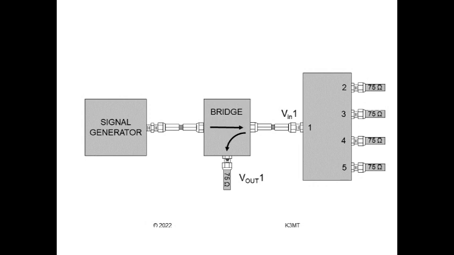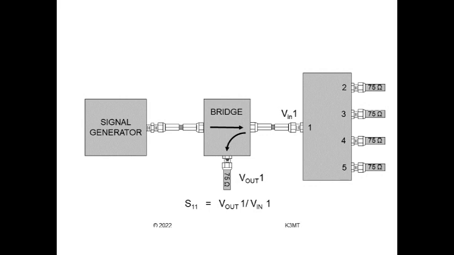You may have done these measurements using a vector network analyzer. It requires calibration of the bridge, with 3 separate measurements: open circuit, short circuit, and with a properly calibrated load. The ratio, V out 1 over V in 1, is S11, the port's reflection coefficient.